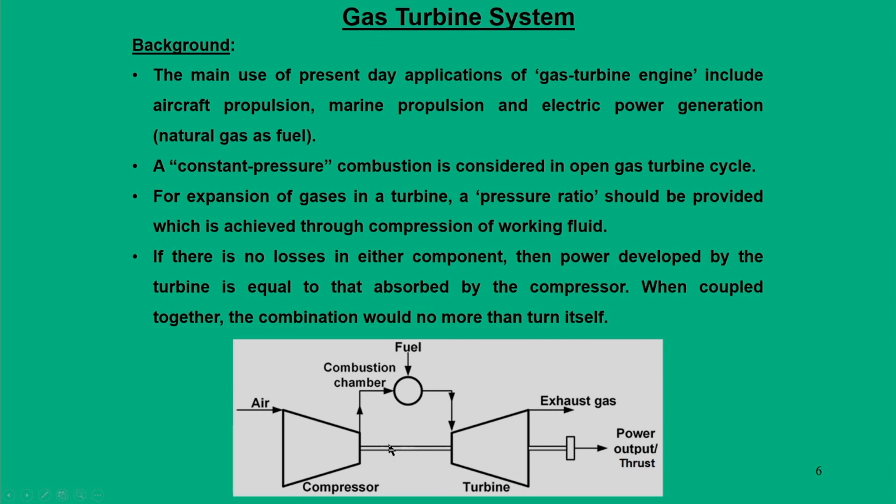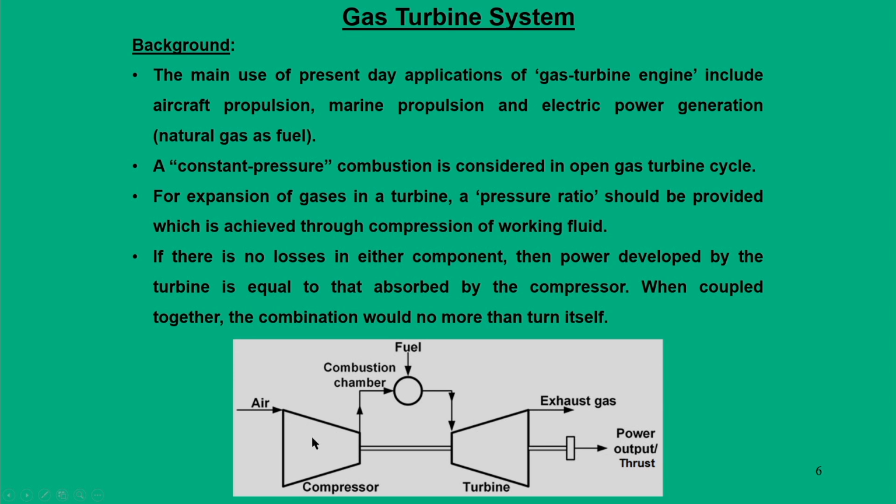Now, apart from that, if you look at a gas turbine system, it consists of two major components, the compressor and the turbine, coupled together, and side by side we have a combustion chamber where fuel is input. If you cut this combustion chamber from the compressor and turbine, the gas turbine system would still operate.